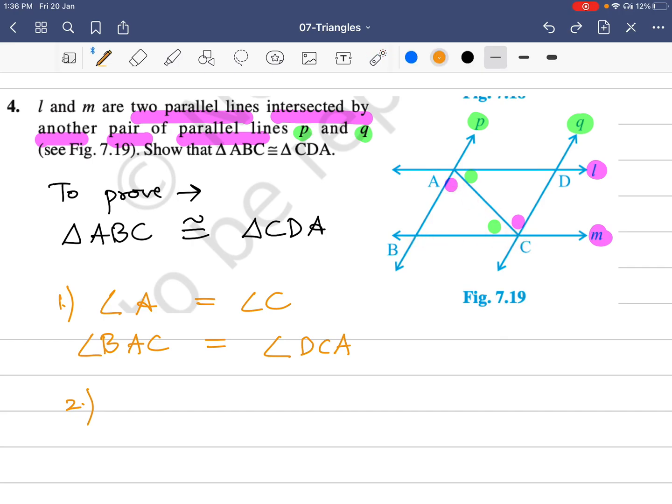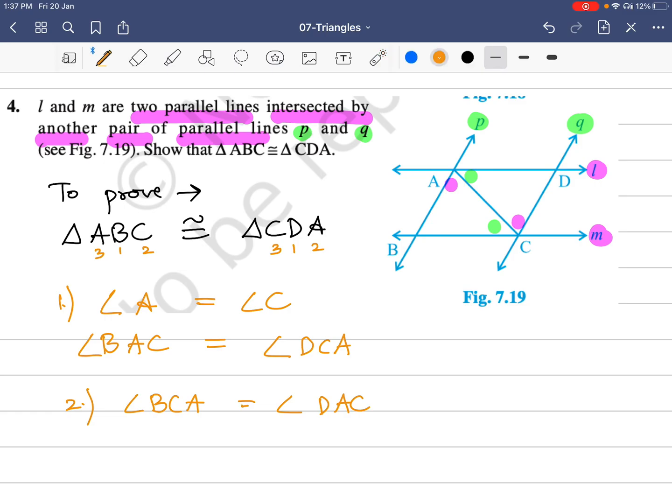So again, I'm going to just write it down. Angle BCA. And how is BCA coming? Same here, 1, 2, 3 is equal to angle DAC. So that's what we said. BCA is equal to DAC. Okay, this green, these two angles. So both the angles are equal to each other.